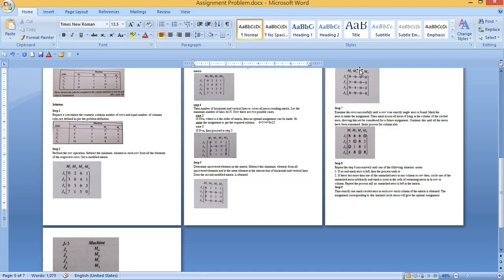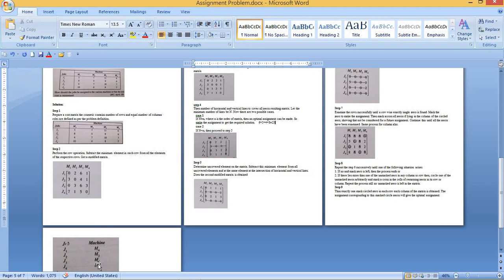If J3 is assigned to M3, then J1 will be crossed and the remaining three zeros are crossed. Similarly, based on this assignment, we can make the remaining assignments so that we get the minimum cost value of 23, though the assignments may be in a different fashion.